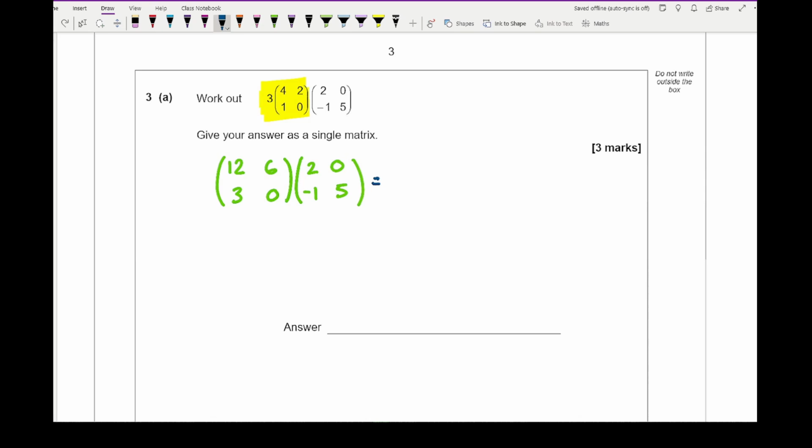Now let me do a brief lesson on how to multiply a 2 by 2 matrix by another 2 by 2 matrix.